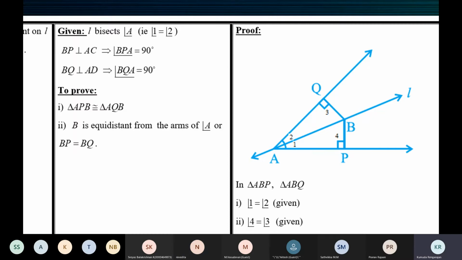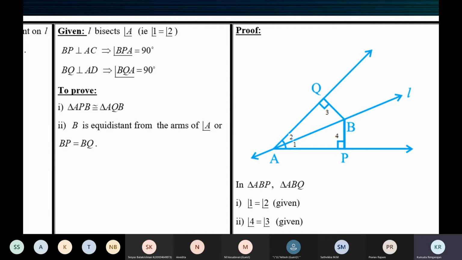So L bisects angle A, that is angle PAQ or QAP. And when it bisects, the two halves of angle A are angle 1 and angle 2. Obviously, angle 1 is equal to angle 2.